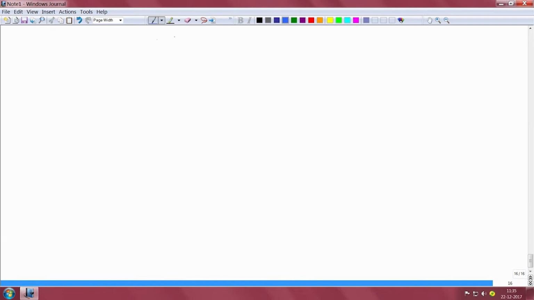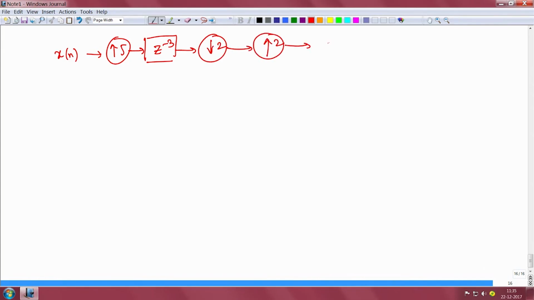We have this block, we will write it again for convenience: x[n] followed by an upsampler, and then we have a filter z^(-3), then we have a downsampler followed by an upsampler followed by a filter z^3 followed by a downsampler of factor 5 and y[n].